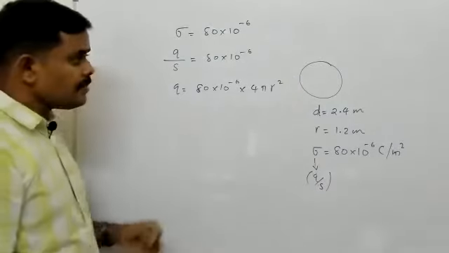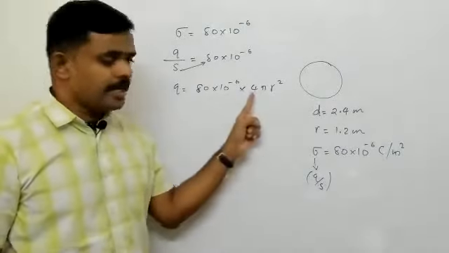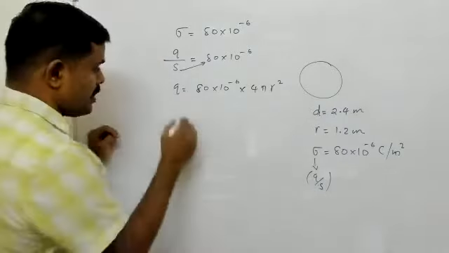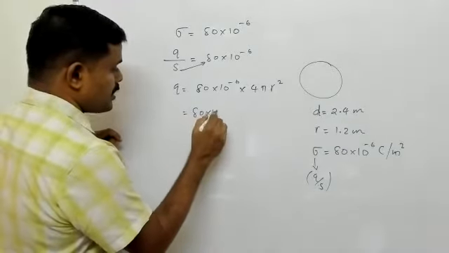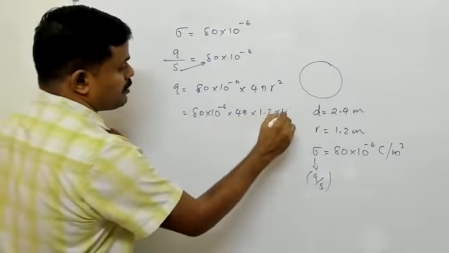Why? The area goes there, and for a sphere, area is 4 pi r square. So put the values: 80 into 10 power minus 6 into 4 pi into 1.2 into 1.2.